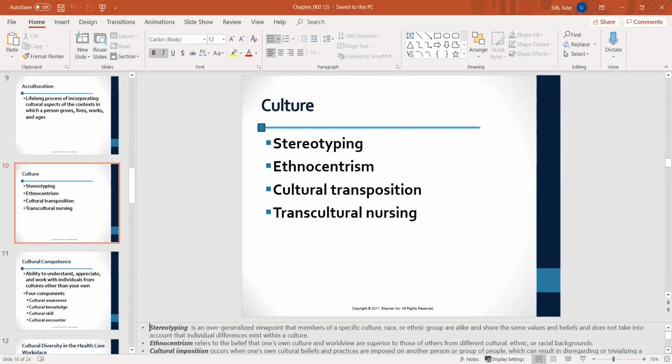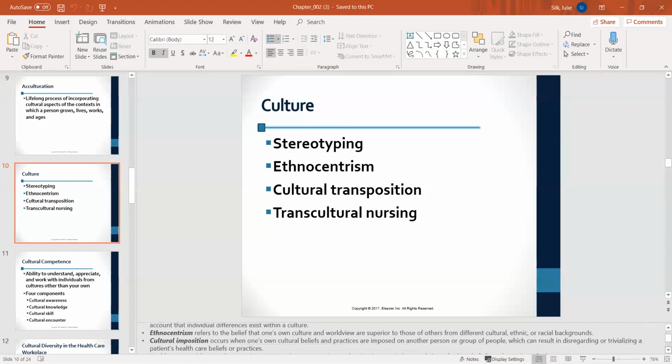Cultural imposition occurs when one's own cultural beliefs and practices are imposed on another person or group of people. This can result in disregarding or trivializing a patient's healthcare beliefs or practices. So if you push your own cultural beliefs on someone, then that can hinder what they believe and what they want to do.